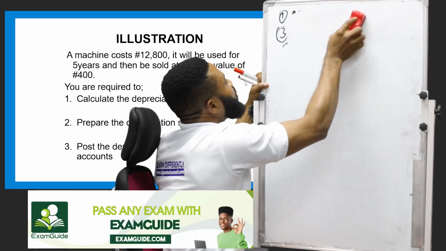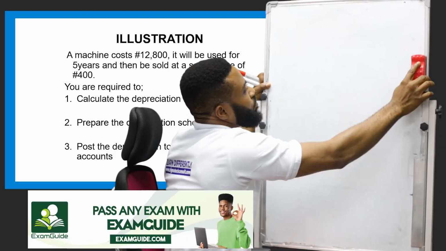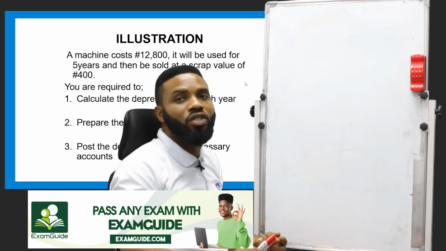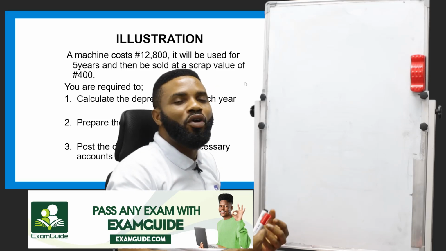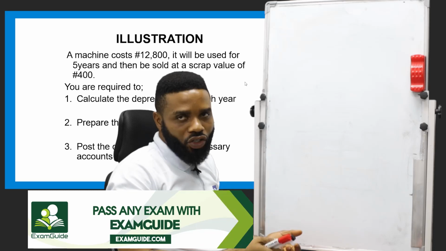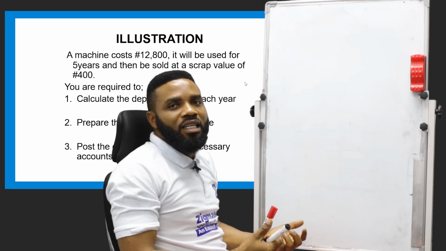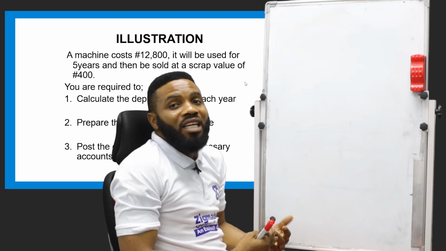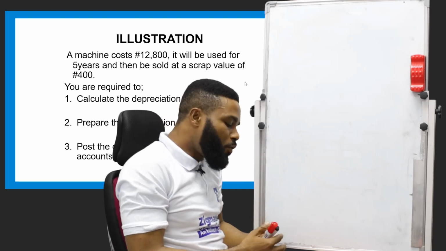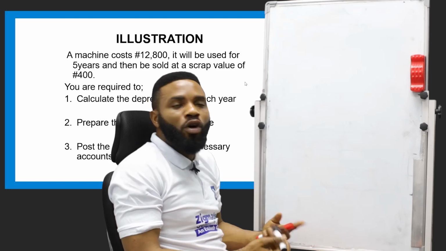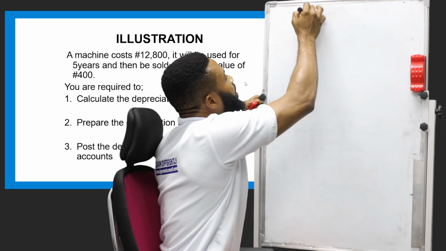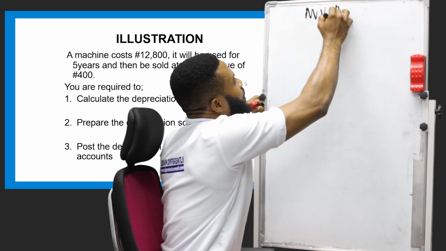So let's quickly start with the asset account. From the question, they said a machine costs this. Now, when they say a machine, they don't really point out the particular machine. So let's assume that this machine is a motor vehicle. So you just write motor vehicle account.